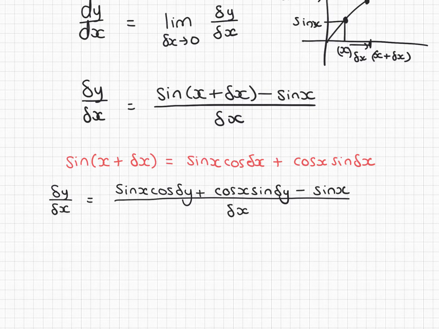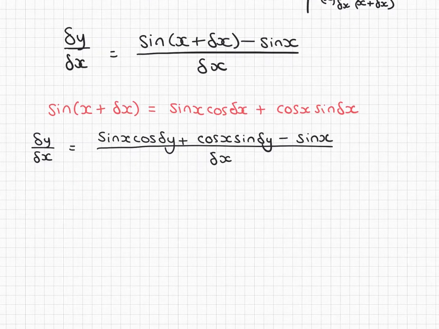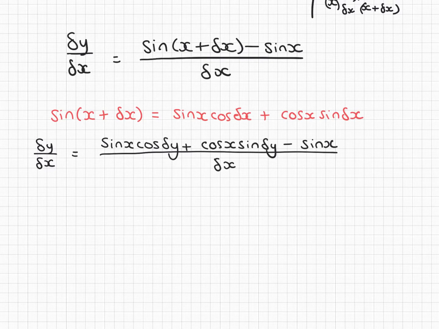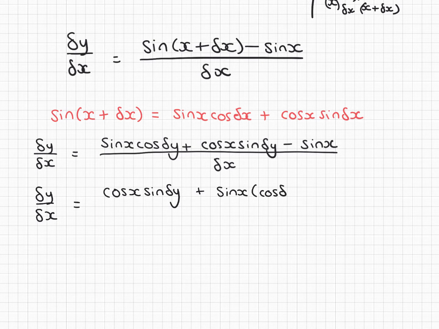And if I then factorize this top line, I'm going to get delta y by delta x equals, if I take out that middle, cos x sine delta x plus, and then I can factorize the other two by sine x, and that'll give me cos delta x minus 1.